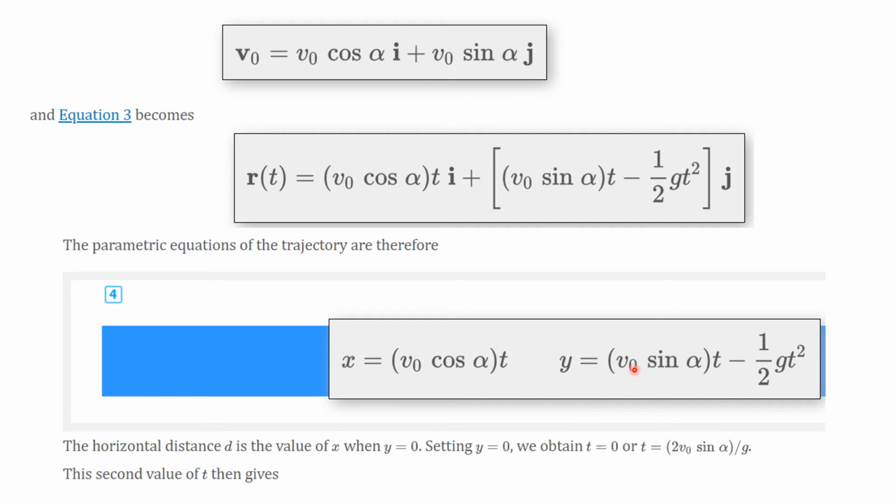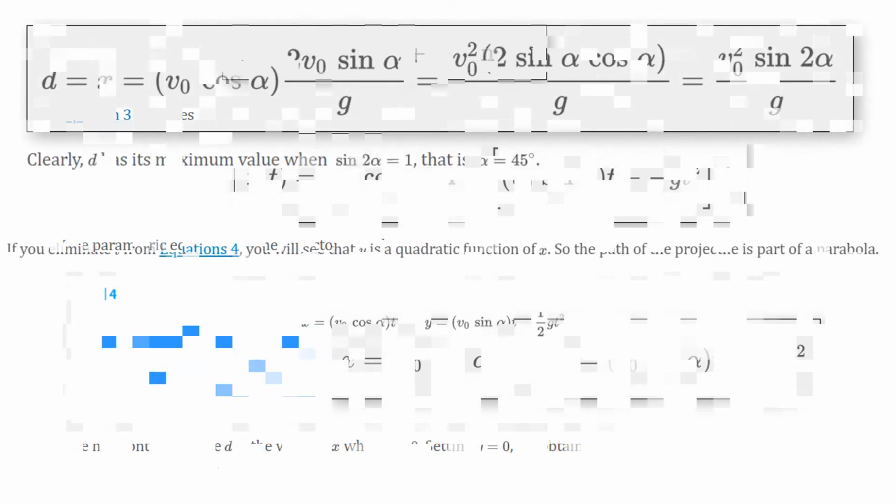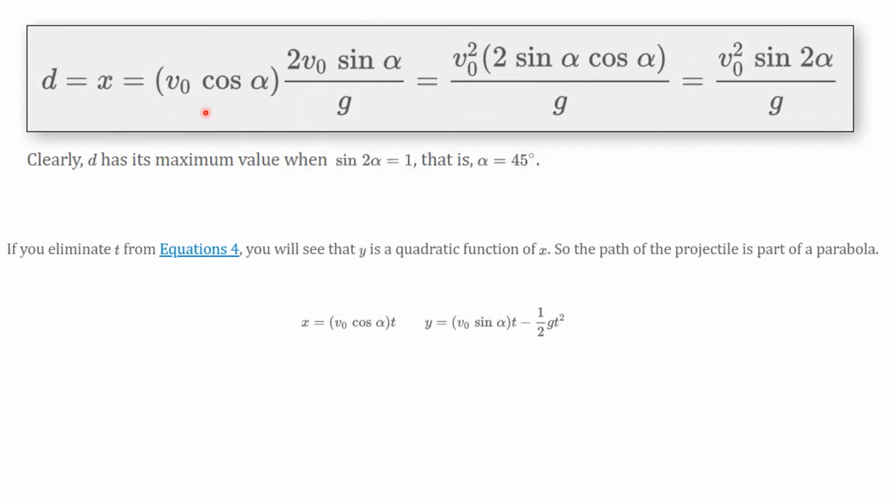We're letting y be 0, and if y is 0, that tells us that t is equal to 0 or t is equal to this number. So either at the start or the finish, you're going to be there with y being 0. So we can solve that. This is what we get when we substitute those values in. And then I can simplify this.